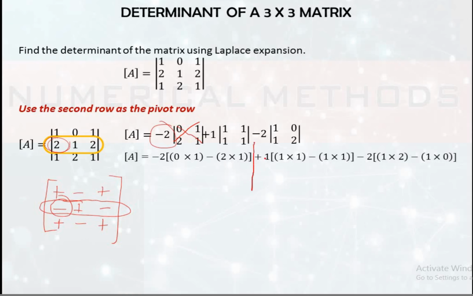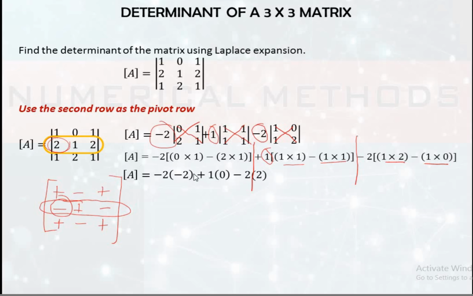Then 1 times 1, minus 1 times 1. Gets? Minus 2, 1 times 2, minus 1 times 0. Okay? If you try to put this in your calculator.